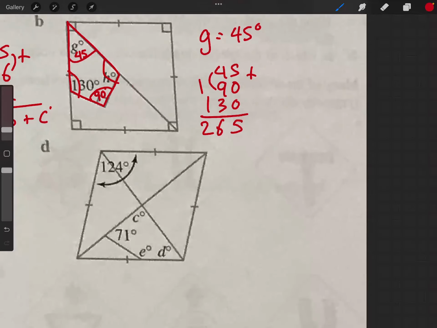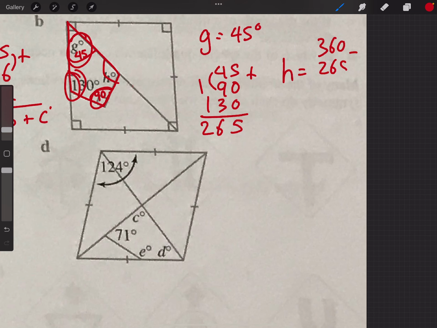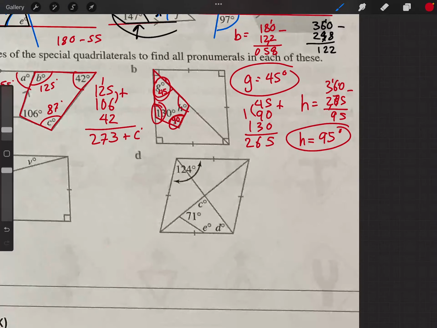We worked out the 3 of these add up to 265. So let's work out H. H is equal to 360 take away 265, and that's going to give you a 5, a 7, a 9, so 95 degrees. So H is equal to 95 degrees. So G is 45, H is 95.